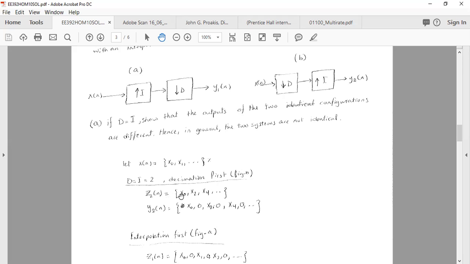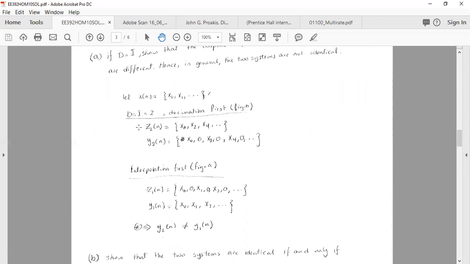What that means is that after every sample we add a 0. So we get x0, then add a 0, x2, add a 0, x4, then add a 0, and so forth. This is the signal we'll get at the output if we perform decimation first, and if our D and I values, the downsampling and upsampling values, are equal to 2.